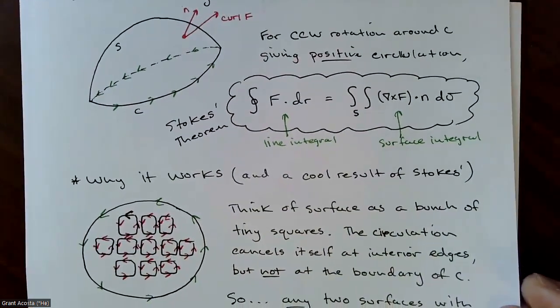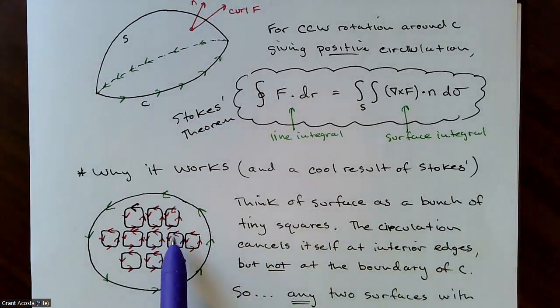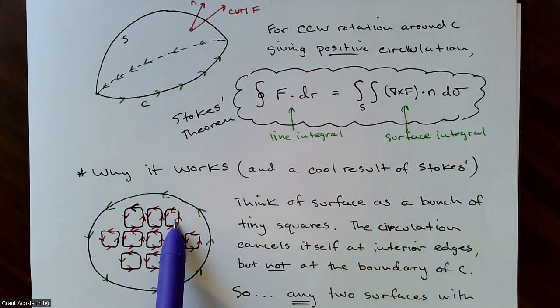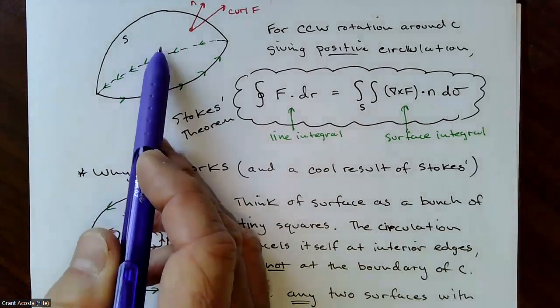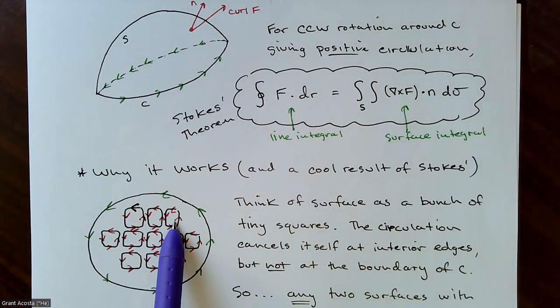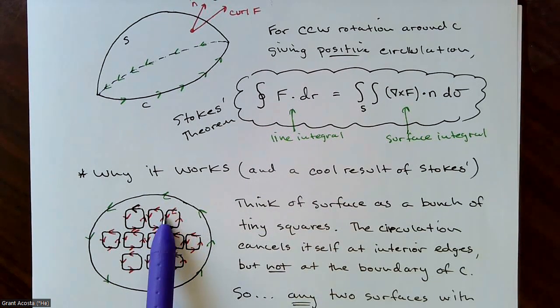Why that works is actually kind of easy to see. Pretend we're looking down on this surface. At every single point at a microscopic level, we're calculating the curl, which measures the circulation around that microscopic point. If you think of each point next to each other as little tiny squares, the circulation of this square is going down around the next adjacent square, where it is going up.